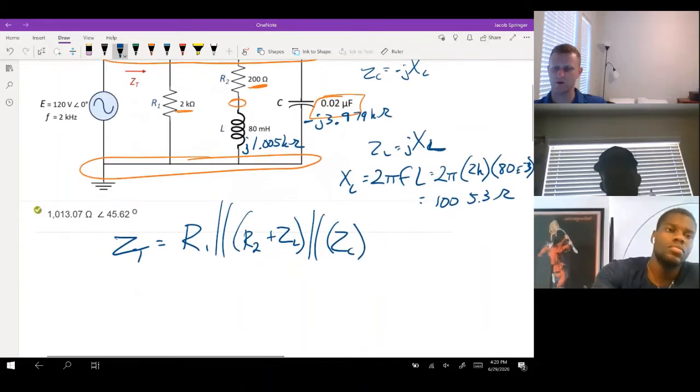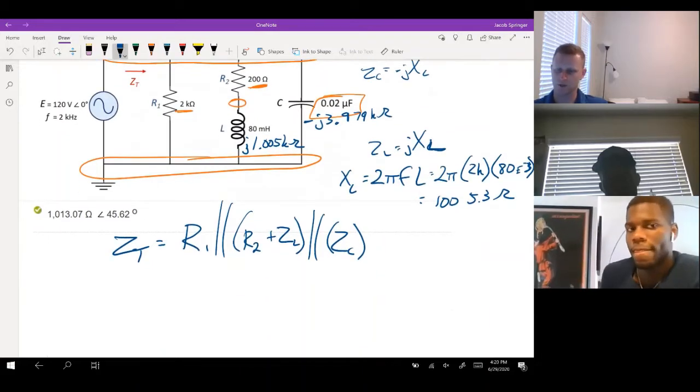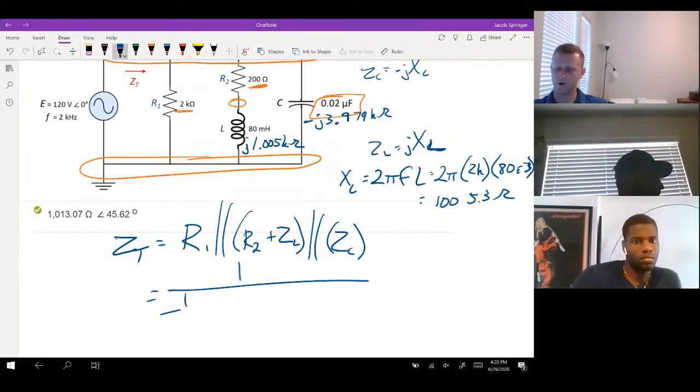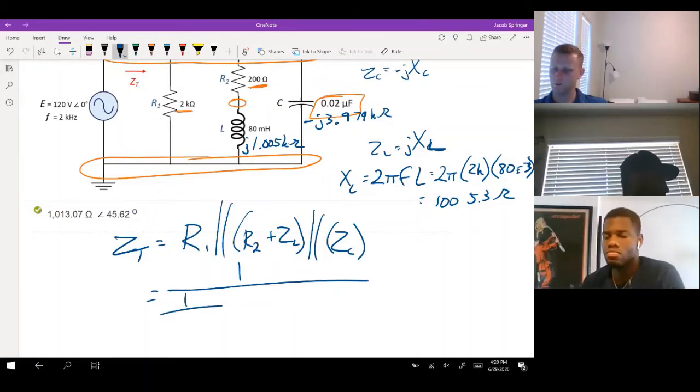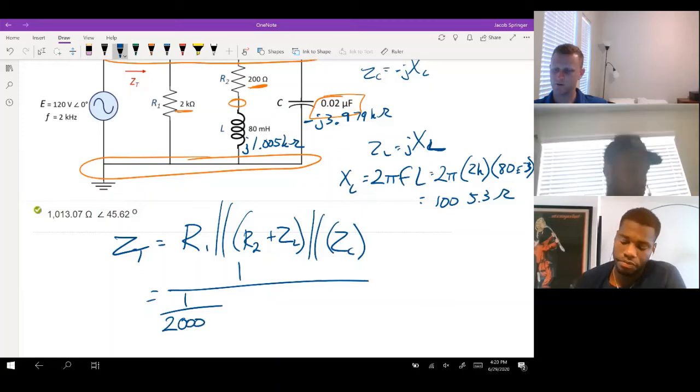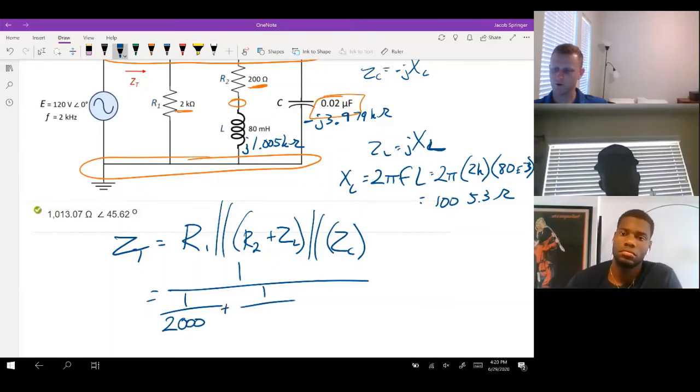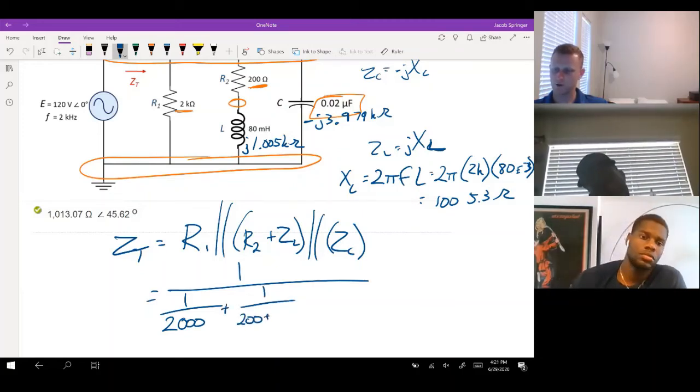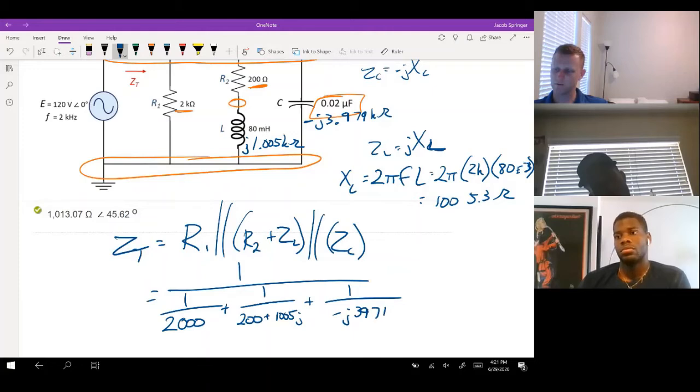So they're all paralleled except those two in series. If I was writing this on the calculator, I'd write 1 over 2000 plus 1 over 200 plus 1005 j plus 1 over negative j 3979.